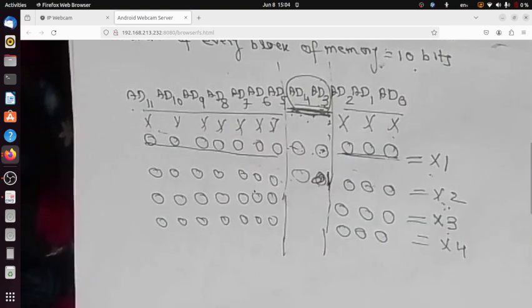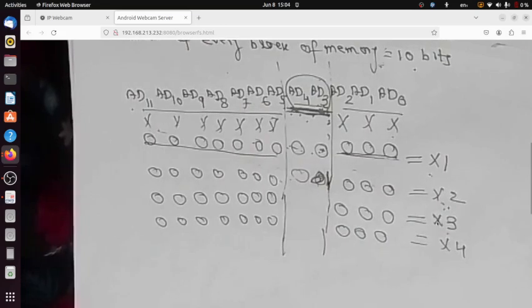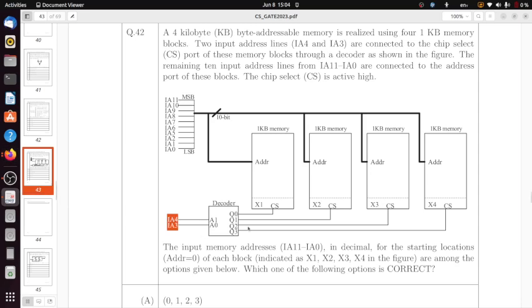Now what will be the values for 3 and 4 for starting location X3? So we go back to the connection picture. Here, when A0 A1, that means the input address line values, equal 1 0, that is address line 4 is 1 and 3 is 0, then this output line Q2 will be enabled, and it is connected to this block whose starting location is denoted by X3.